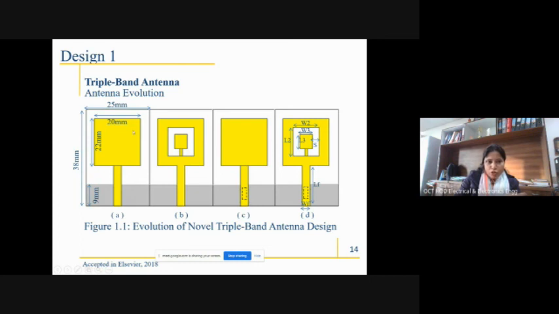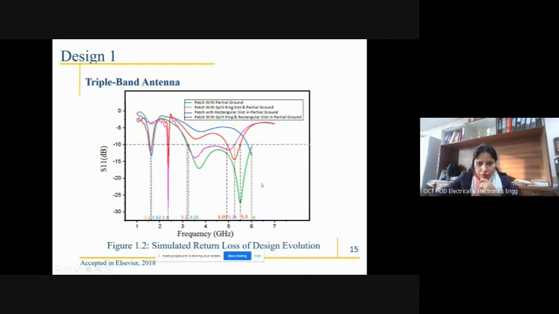So I introduced this split ring slot inside this rectangular patch antenna, and a defect of 5 cross 2 mm in the ground plane just behind the feeding line of the antenna, and the partial ground plane is there. When I introduced all these defects in the actual 5.2 gigahertz design, at that time I found that my desired frequencies were 1.